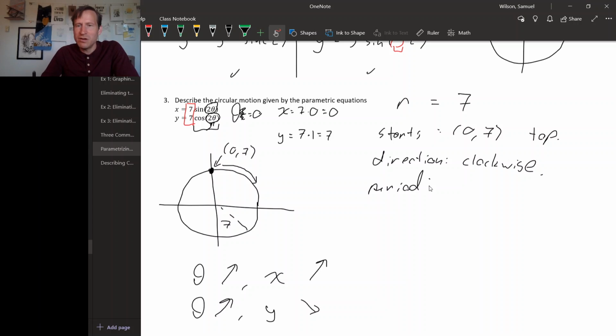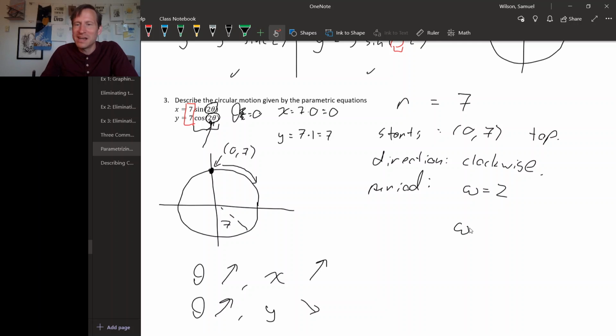Okay, for the period of this motion around the circle, we have a 2 for our coefficient inside of our trig function here, inside of cosine and sine. And one thing we've seen is, earlier we called that value omega, and it's 2. It's an angular speed.